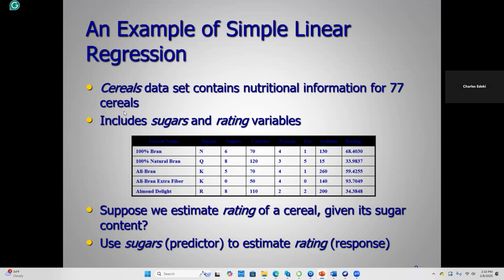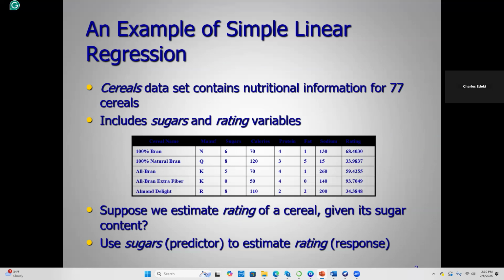So the example they gave here, we have a cereal data, then the cereal is right here, different brands, and each contains information of 77 cereal brands, including sugar and rating, for example. Now our goal, suppose we want to estimate the rating of cereal only if sugar is given.